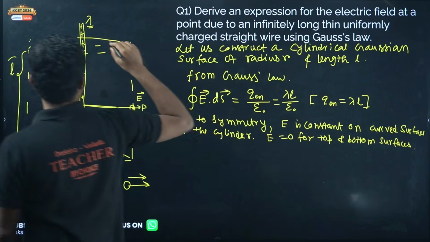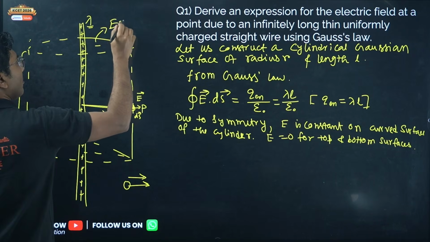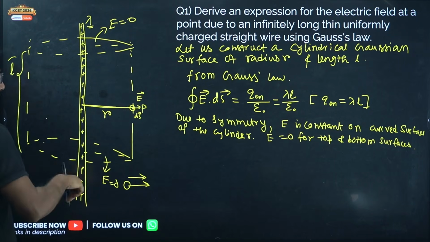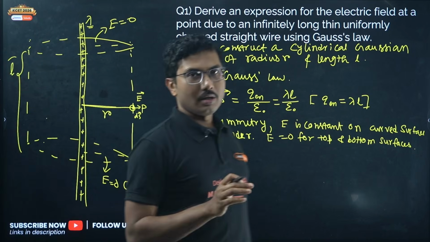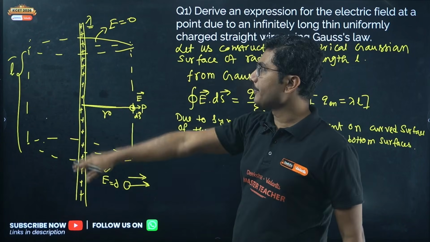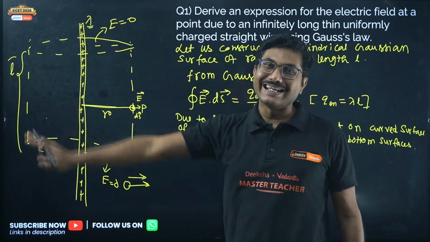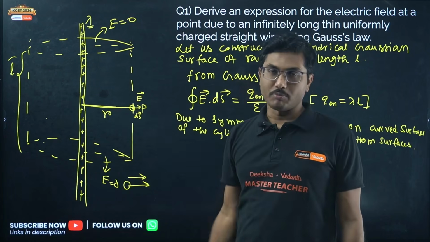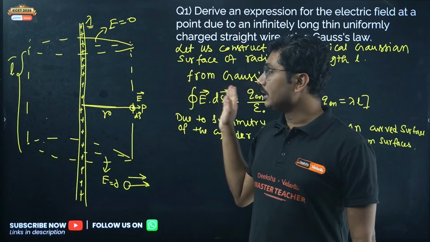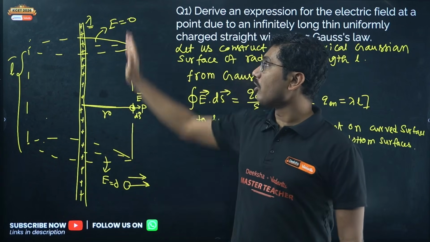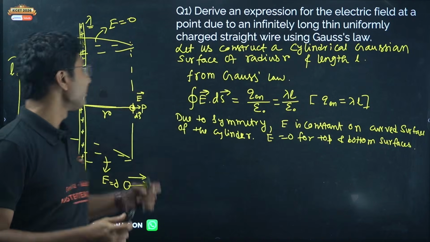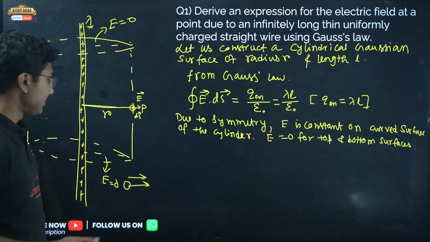E on this surface is 0, E on this surface is also 0, because they are perpendicular, so E dot ds will be 0, so that means E has to be 0 on these two surfaces. Because electric field will be radially outward. Here you can consider it because it's an infinitely long charge. The electric field will always be outward, it will not be along the charged wire. So that's why electric field from this and this surface will be 0.